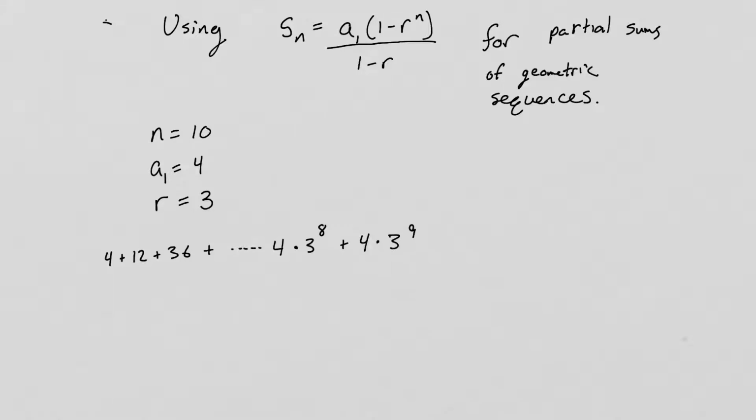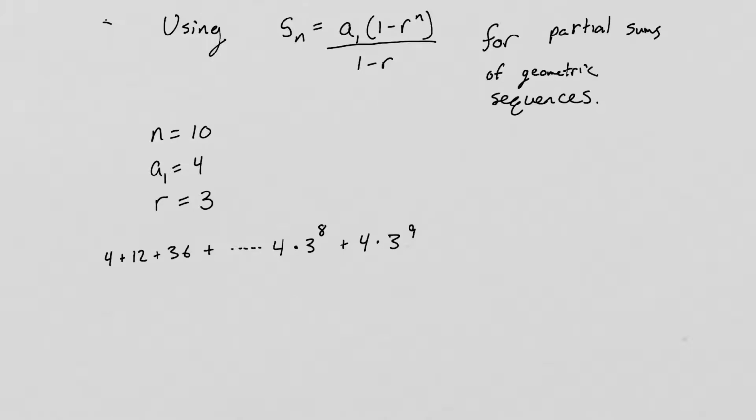And so again, remember, this is going to be the toughest thing, is that we're only going up to 3 to the 9th here because there is a 3 to the 0 on that one, and so there's our 10 terms. Okay, but n is still equal to 10, and if we think back to the original video where we derived the formula, you ended up with n minus 1 here, so that makes sense that if n is 10, this last term is the common ratio to the power of n minus 1.